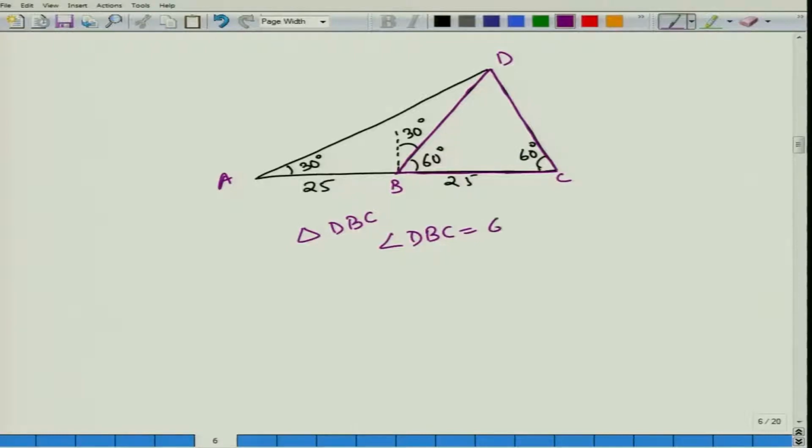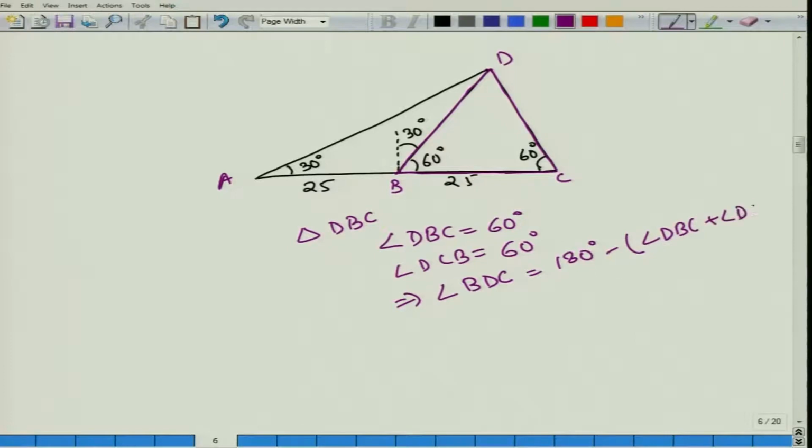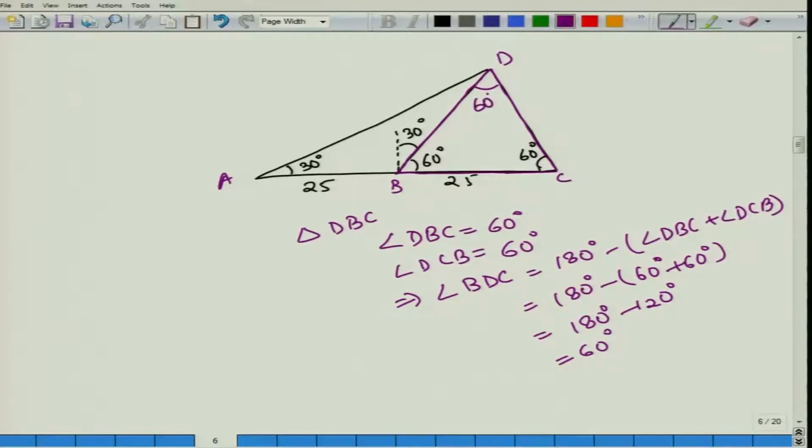Angle DBC is 60 degrees, angle DCB is also equal to 60 degrees. So, what is angle BDC? Angle BDC will be 180 degrees minus the sum of the other two angles, which is 180 degrees minus (60 degrees plus 60 degrees), equal to 180 degrees minus 120 degrees, equal to 60 degrees.